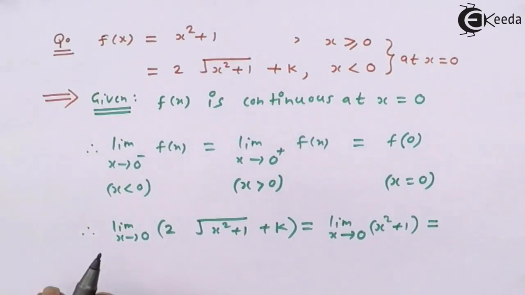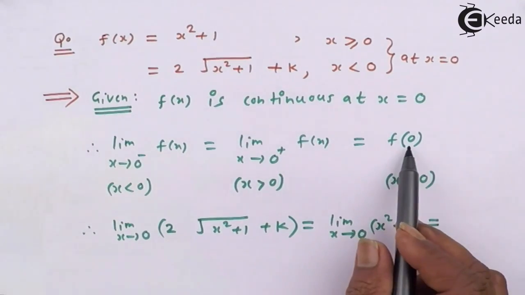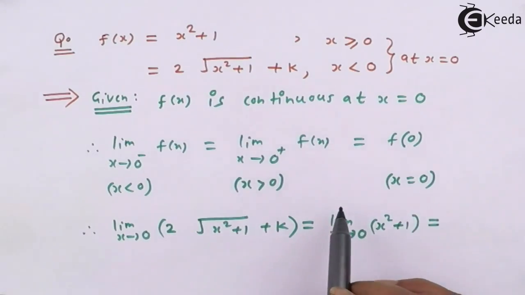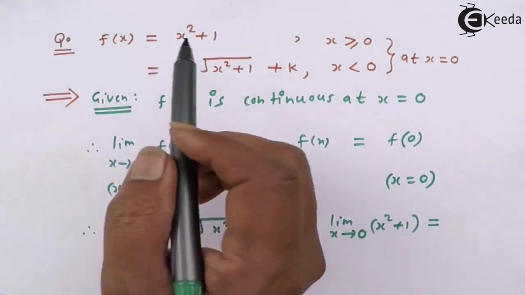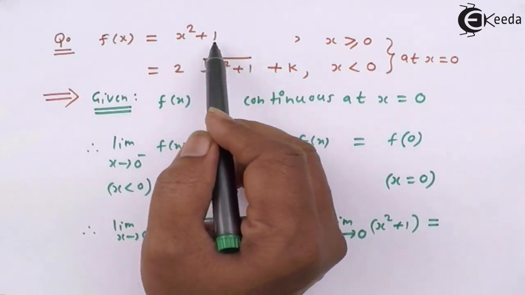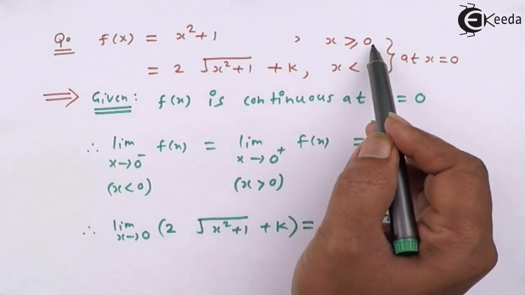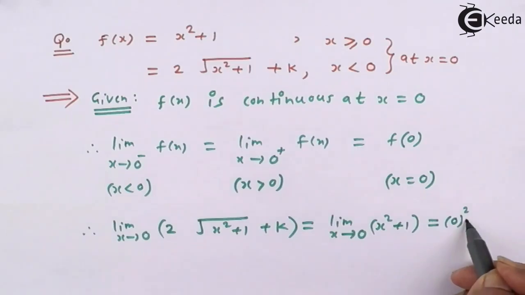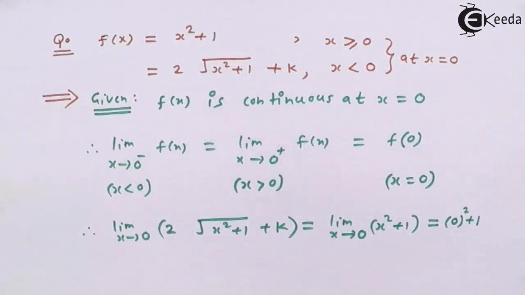And that is equal to f of 0, which means x equal to 0. That is also present in the first part, that f of x is equal to x square plus 1, x greater than or equal to 0. So we write 0 square plus 1.